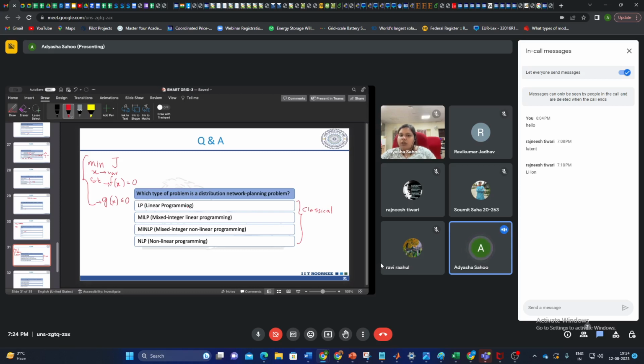So when we say linear programming, we say that all these expressions are linear functions of the type a1 x1 plus a2 x2, where these are constants or parameters.